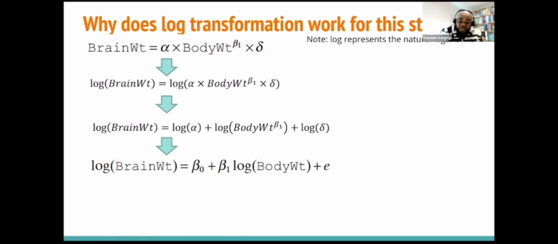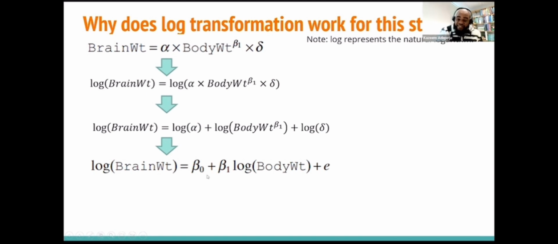So the origin of this model is this one. Which means initially, the relationship between the brain weight and the body weight is actually this. It was non-linear. So transforming the non-linear relationship with the introduction of log at both sides is what led to this, that we successfully fitted.